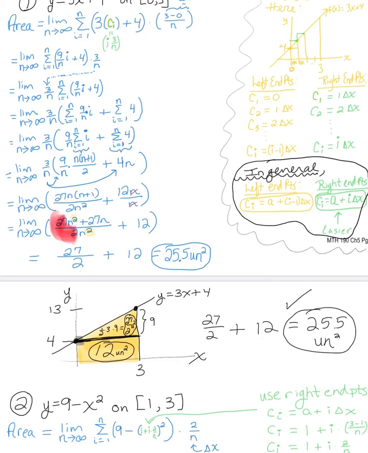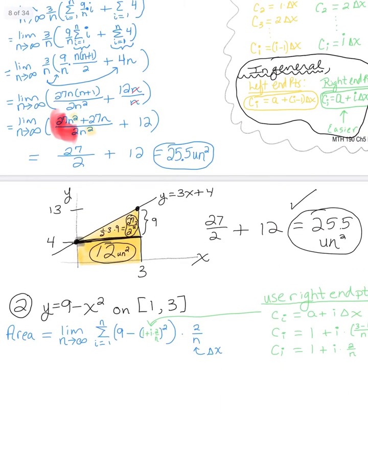So it's the width times essentially the sum of all of the heights, where we're using the right endpoints for our height. And remember what we talked about last time, it doesn't matter if we use right endpoints or left endpoints or midpoints or any point in the interval. Once we let n go to infinity, we will get to the actual area regardless.